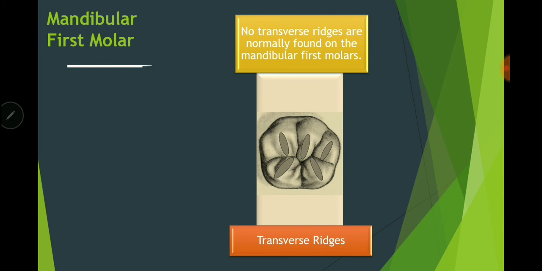All right, so the mandibular first molars, interestingly enough, it has so many cusps, but it doesn't have any transverse ridges. So no transverse ridges on the mandibular first molars. You have to keep that in mind.